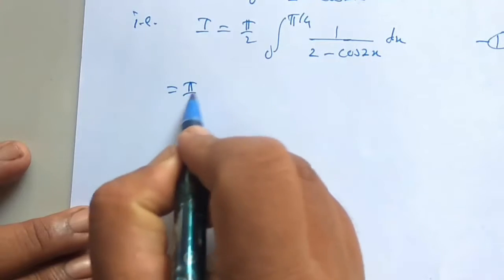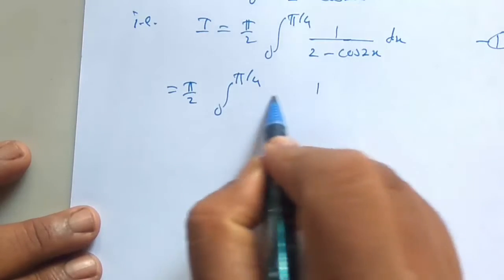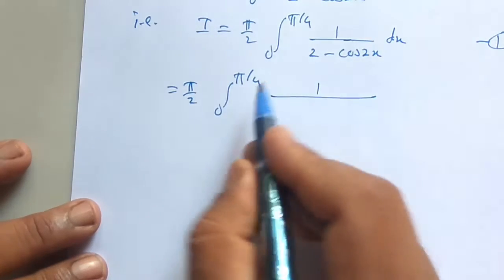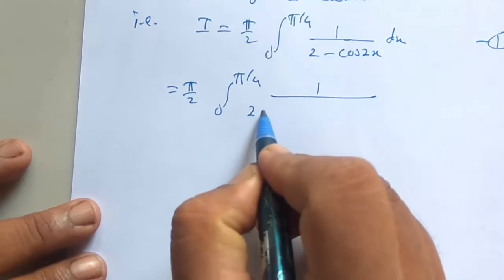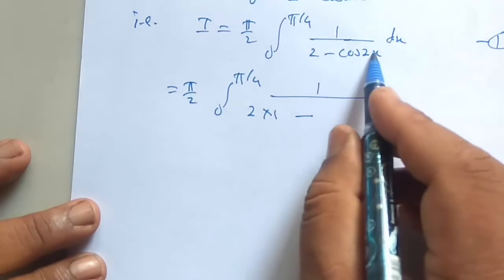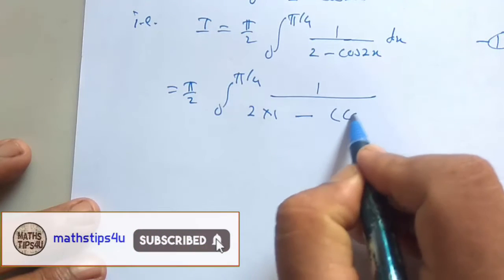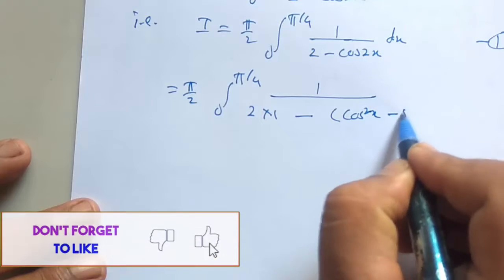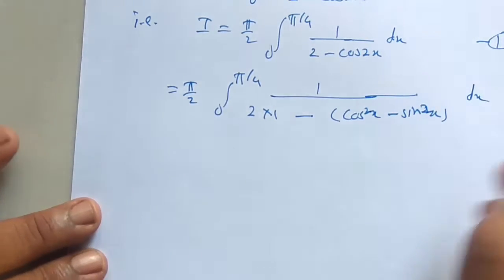So this is equal to pi by 2, 0 to pi by 4, 1 upon, now 2 is replaced by 2 into 1, that is 1, minus cos of 2x, which by the half angle formula is cos square x minus sin square x, dx.